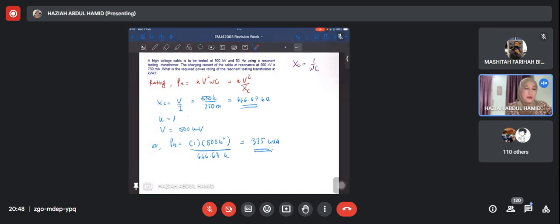At the output, a high voltage cable is to be tested at 500 kV and 50 Hertz using resonance. So 500 kV is our voltage here. Of course we want to make sure our testing transformer is rated at the same testing voltage, so V here is 500 kV.